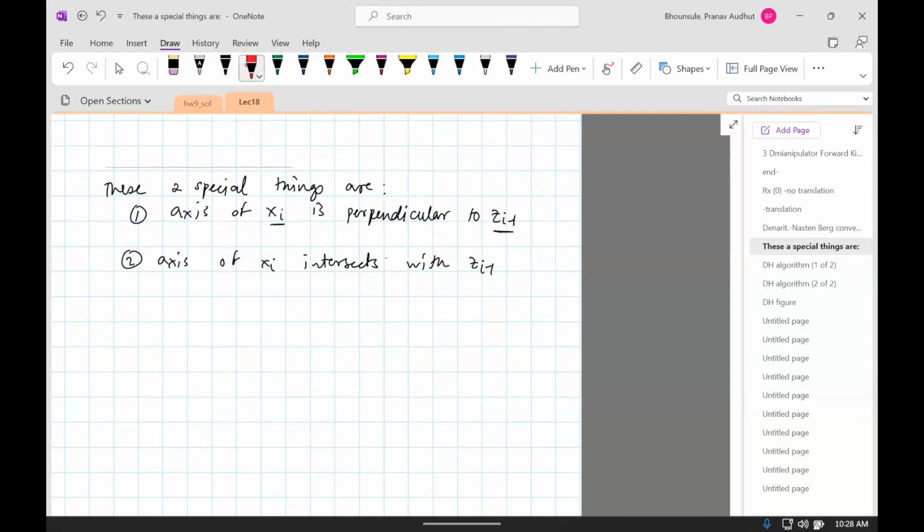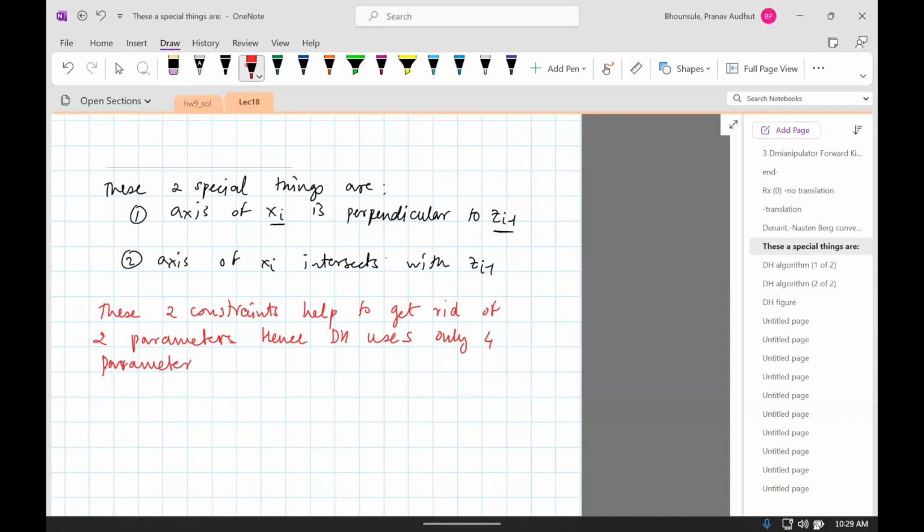These two constraints help to get rid of two parameters. Hence, DH uses only four parameters.